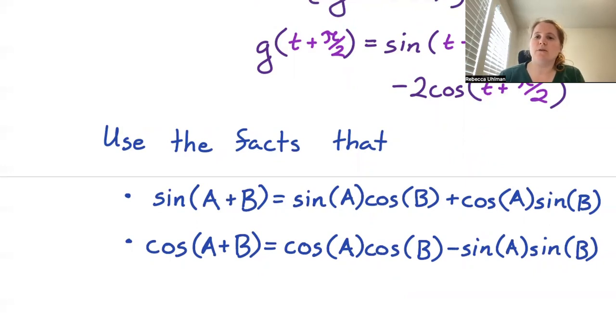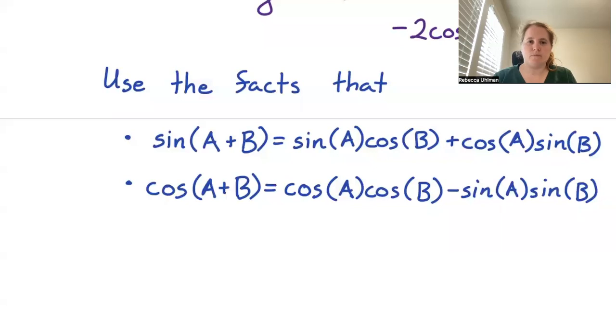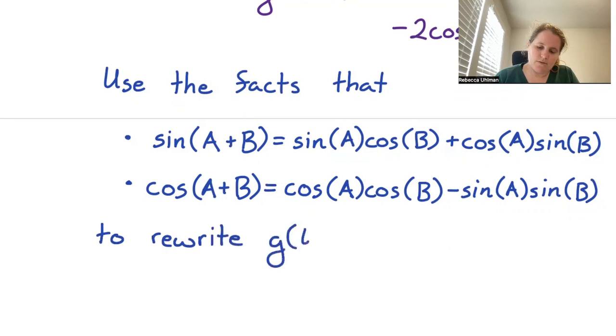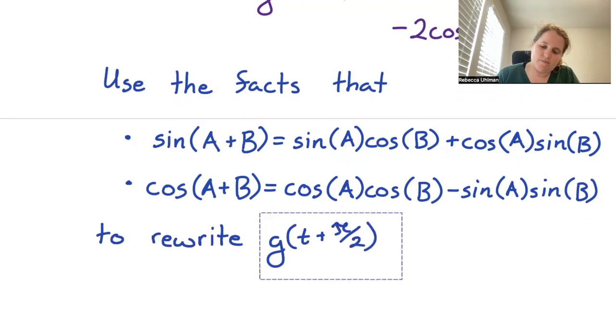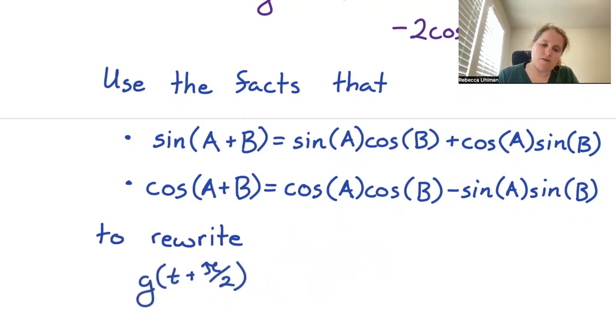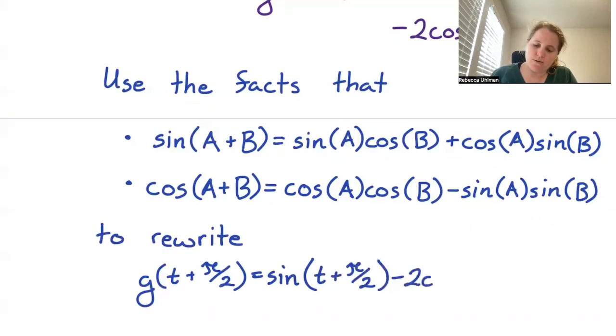So we're going to use these facts to rewrite g of t plus pi over 2, which we had said was equal to sine of t plus pi over 2 minus 2 cosine of t plus pi over 2.